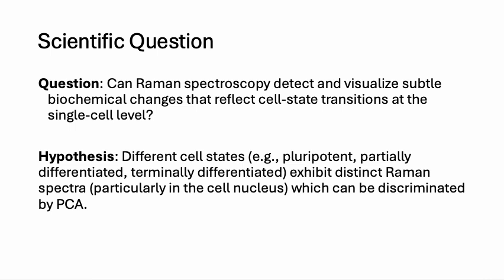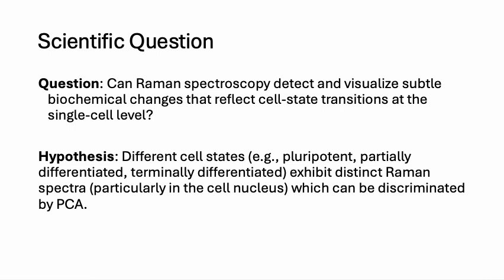And by examining the Raman spectra, primarily in the cell nucleus, they hypothesized that they could distinguish varying cell states and illustrate progression from undifferentiated to differentiated phenotypes.